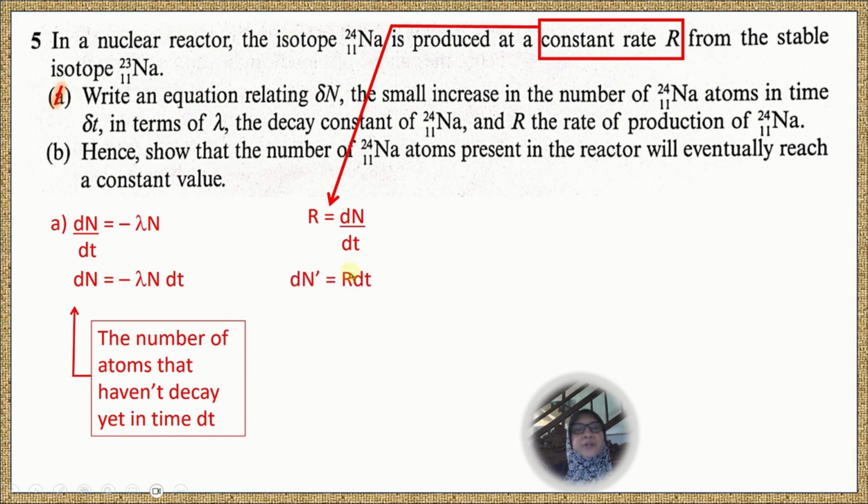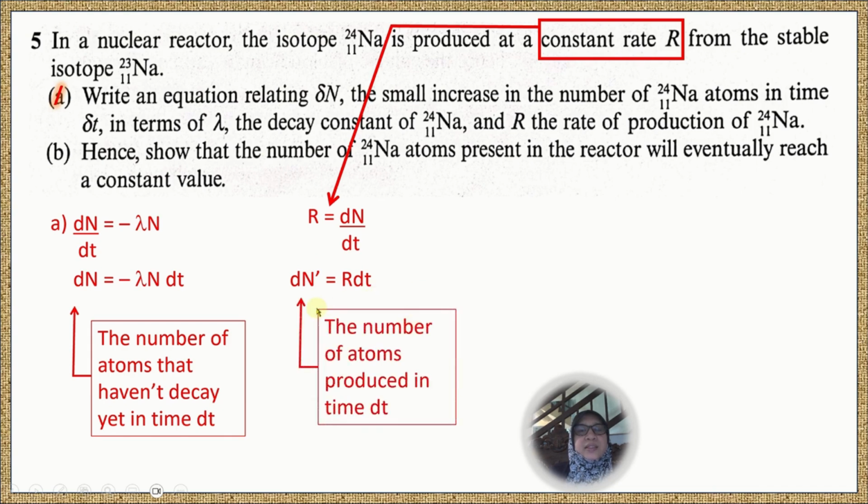So for the dN prime, what we are going to find equals, cross multiplying, R times dt. This is the number of atoms produced in time dt.